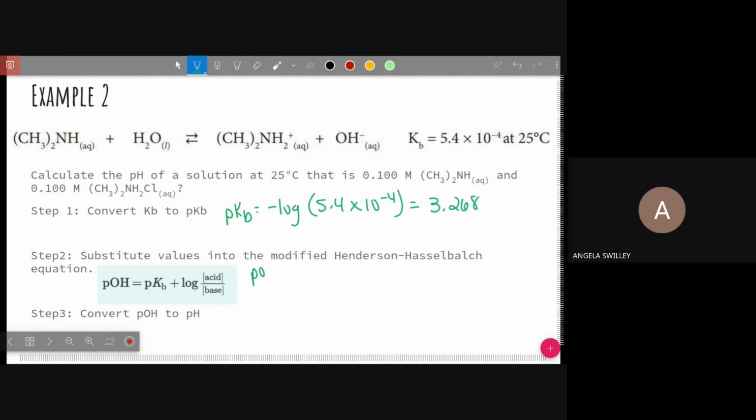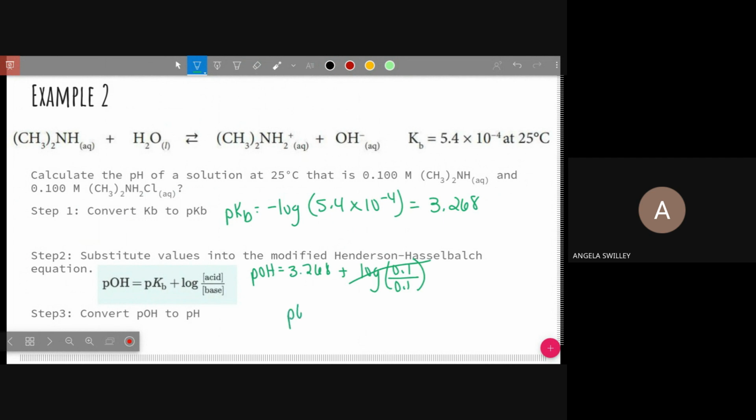So now, to find our pOH, we're going to take our pKb plus the log of the concentration of our conjugate acid, which is going to be 0.1. And then our base that we started with is also 0.1. So remember, when we do that, that's going to cause the log to be 0.